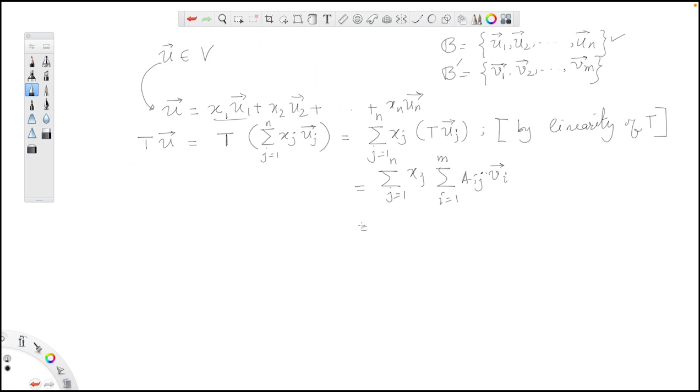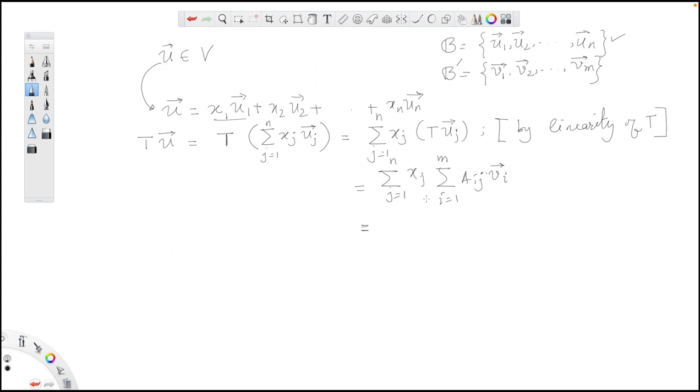Now I exchange, I swap these two summations. One is summed over i and the other one is summed over j.